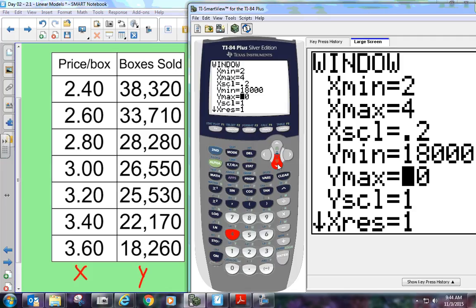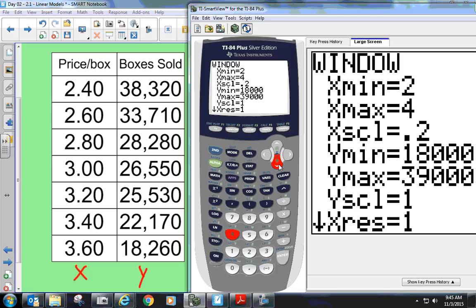I'll go to 39,000. Now, if you do it by 1,000, how many thousands are in between 18 and 39? Yeah, 20, 21, somewhere in there. So if you do it by 1,000, you'll see 21 tick marks. Do you want to see 21 tick marks? No. I don't know, let's do it by 5,000, by 3,000, doesn't matter. Let's do 5,000.